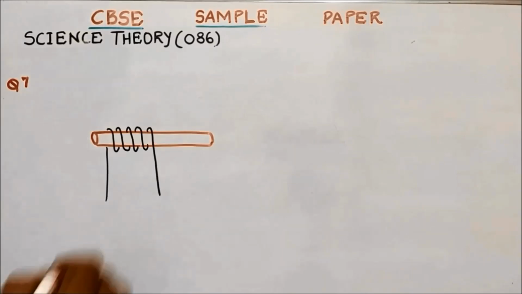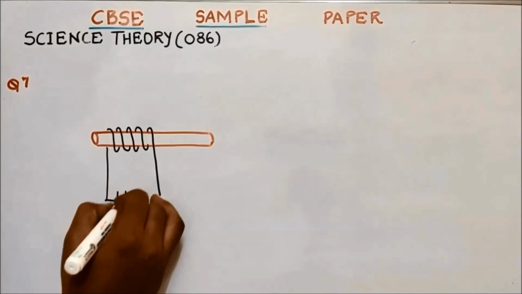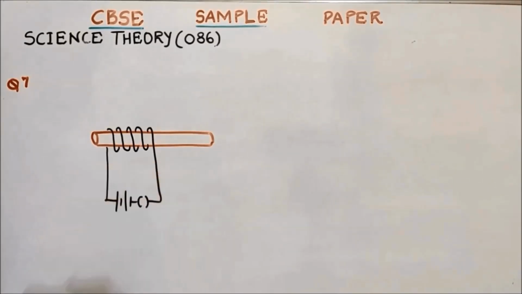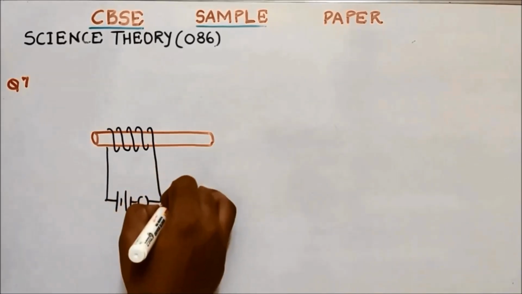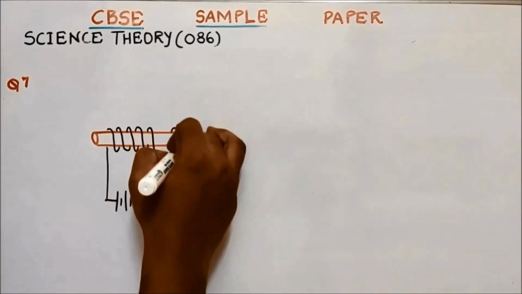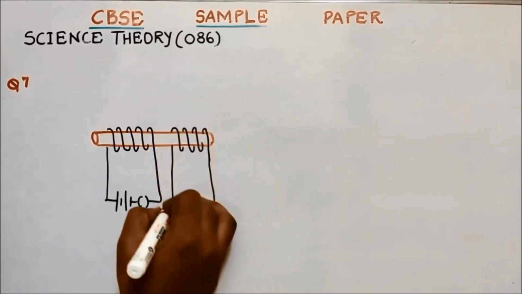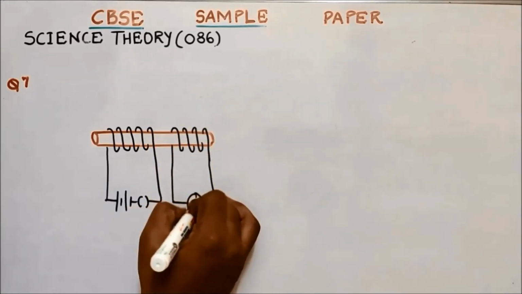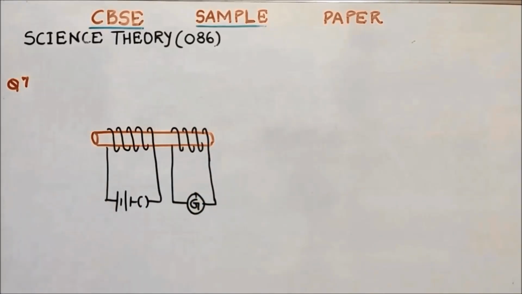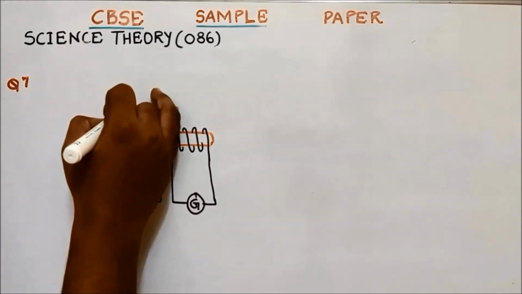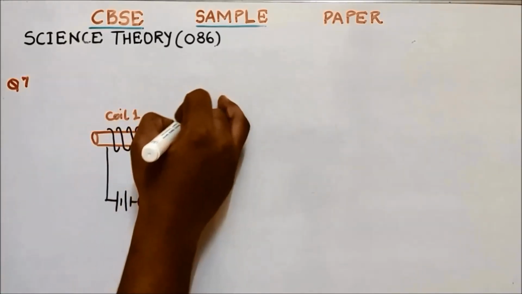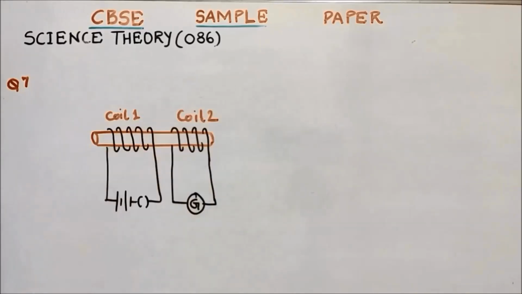One of the coils has a battery and a switch, and the other coil is also wound on the same non-conducting cylinder, but it has a galvanometer. Let us name the coils: this as coil 1 and this as coil 2. So we have two coils there.